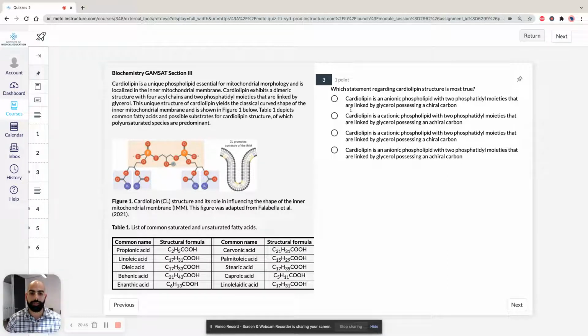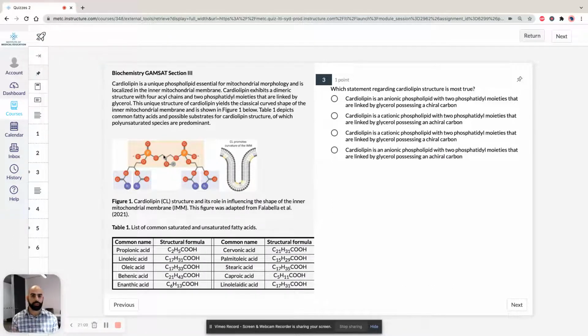So if we read the statements here, it's telling us that cardiolipin is either going to be an anionic or cationic phospholipid with two phosphatidyl moieties linked by a glycerol, which is either chiral or achiral. So if we walk through this question quickly, straight away we know that this molecule, it's a giveaway. It's going to be a phosphatidyl moiety, so it's going to be a phosphate.